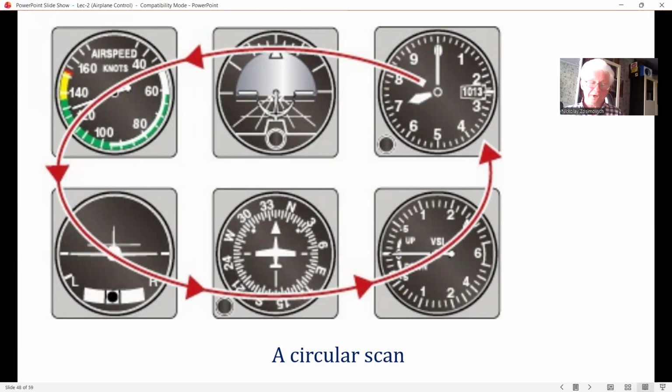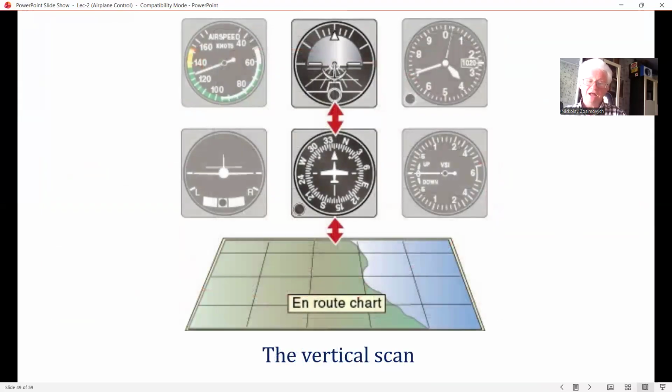If you are performing other tasks while flying a constant heading, such as chart reading, then a very simple scan to make sure things do not get out of hand is a vertical scan from the AI down to the heading indicator and back again.